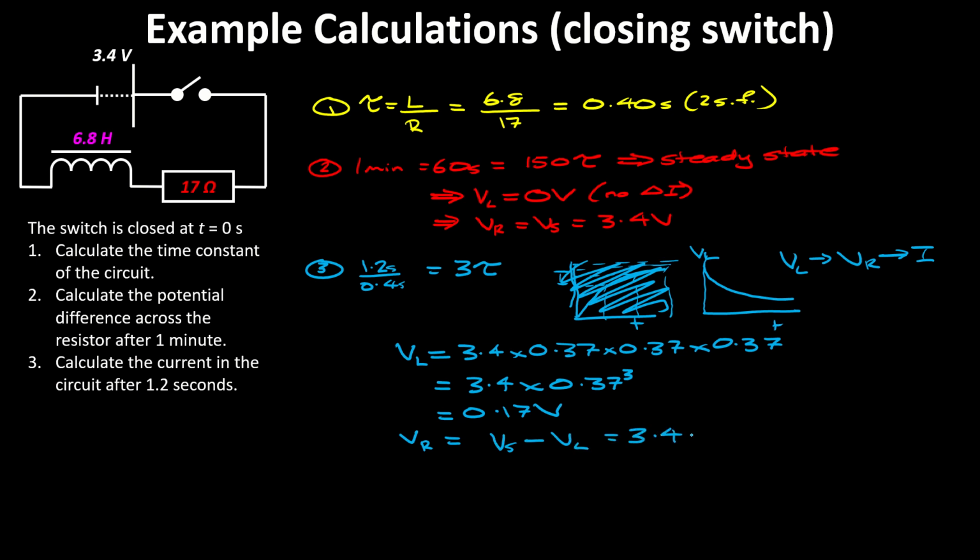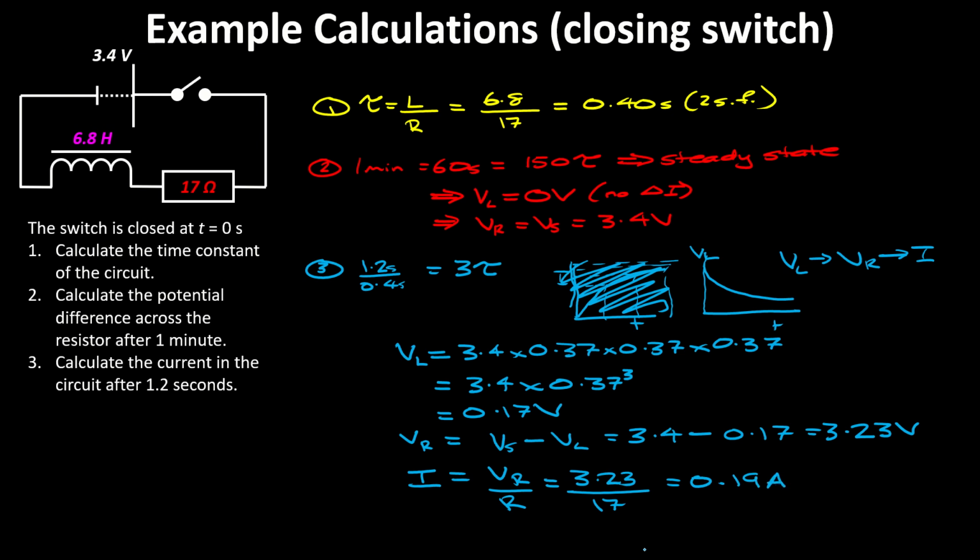So it's 3.4 minus 0.17, which is 3.23 volts. And then to find the current, I'm just going to use Ohm's law. I know the resistor voltage and I know the resistance. So it's 3.23 divided by 17, which is 0.19 amps.